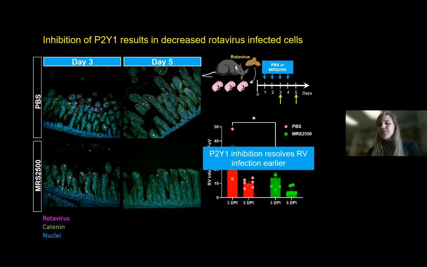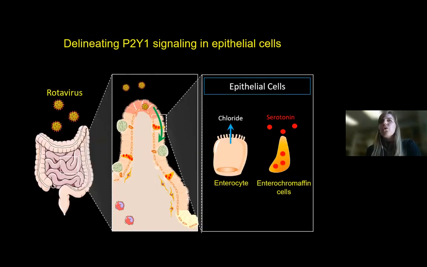Now, as we see a difference in diarrhea and viral stool shedding, we also wanted to look further into the role of P2Y1 within the epithelial cells. And as Fred mentioned before, P2Y1 is expressed throughout the intestine and in a number of different cells. So we wanted to first focus on some key contributors, which are chloride secretion from the enterocytes, as well as serotonin release from the enterochromaffin cells.